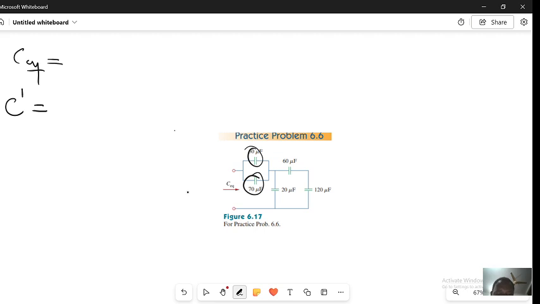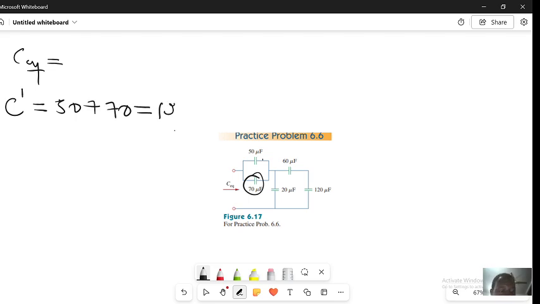So I will have the value of this one, which was 50. So I'll have C equal 50 plus 70. It's going to be 120. This 120 and this 20, are they in parallel? No, they are not going to be in parallel.